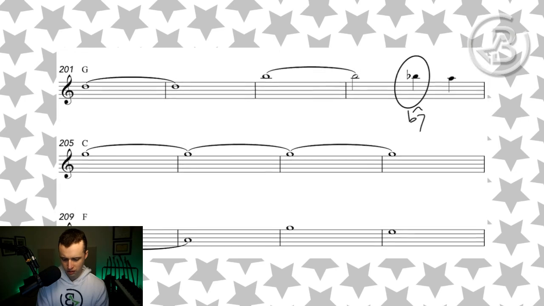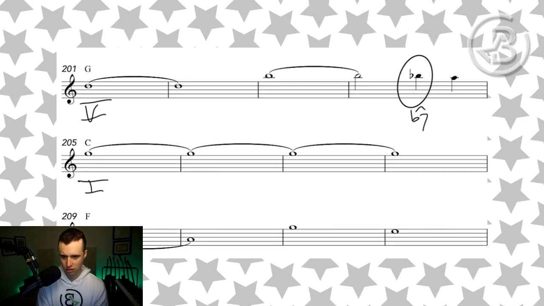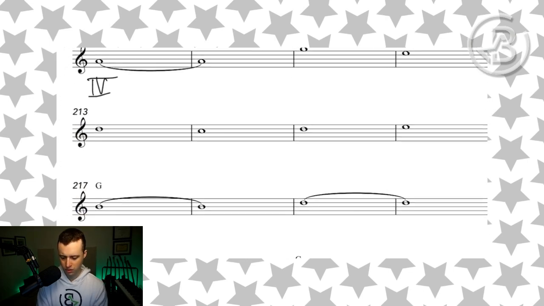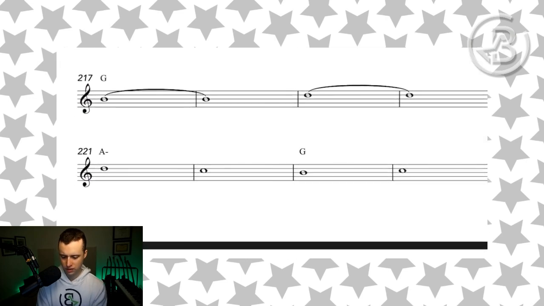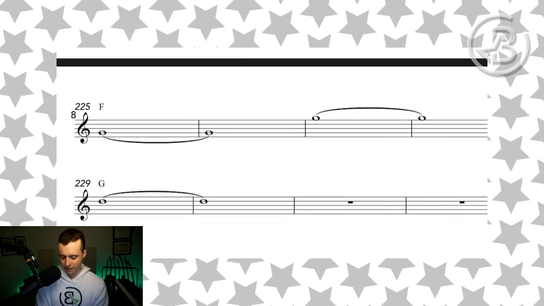Keeping it going. 201, 5. 205 is going to be C. 209 is going to be F, which is 4. 217 G. A minor, which is 6. Oops, almost wrote that as 1. F as 4.